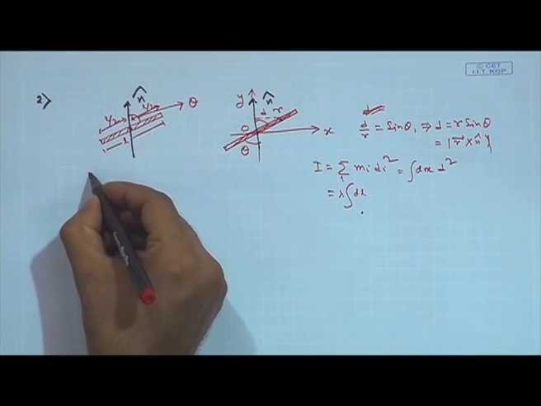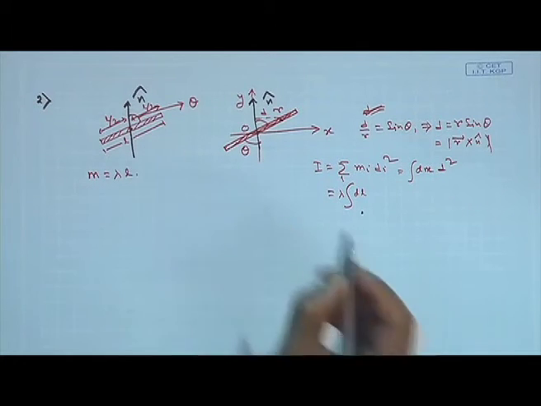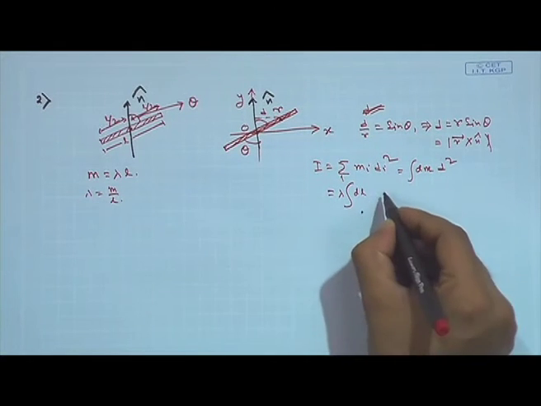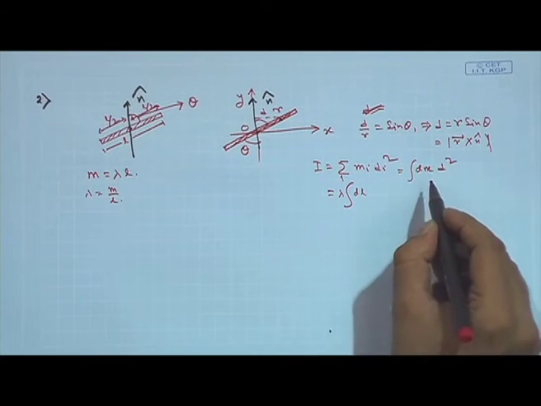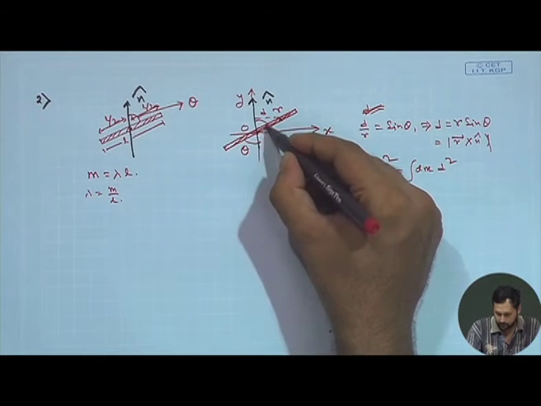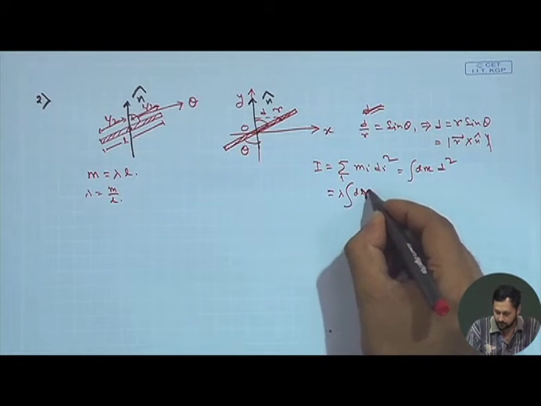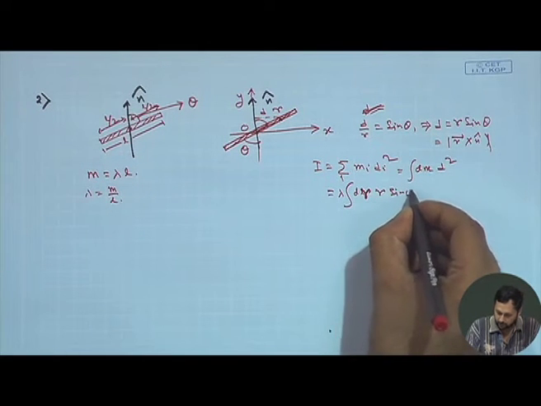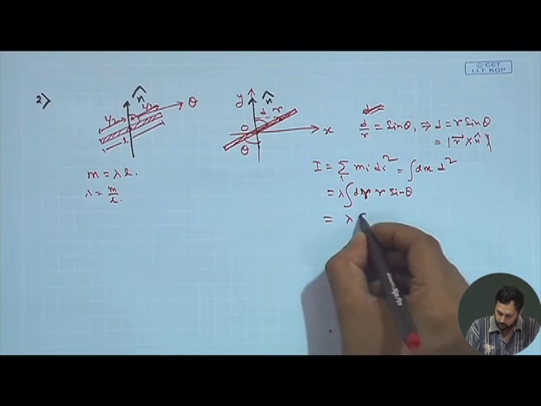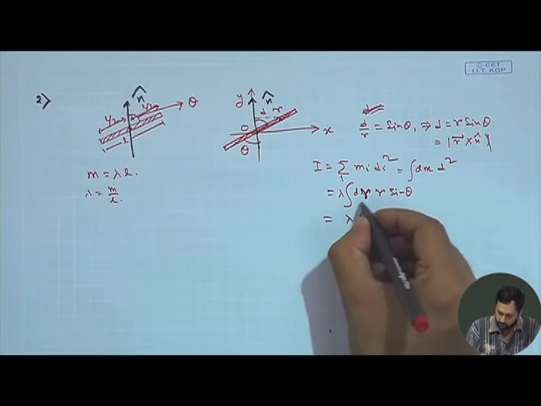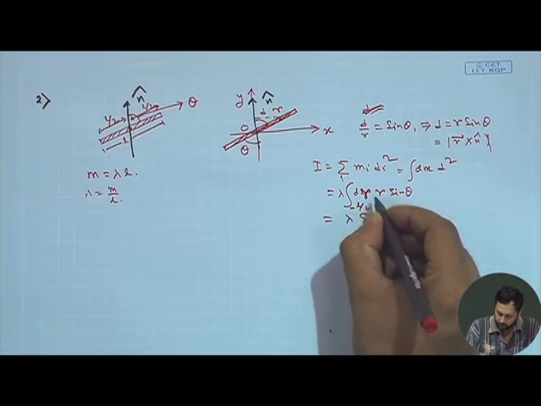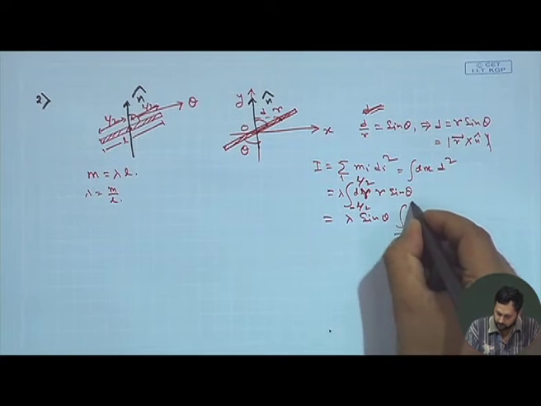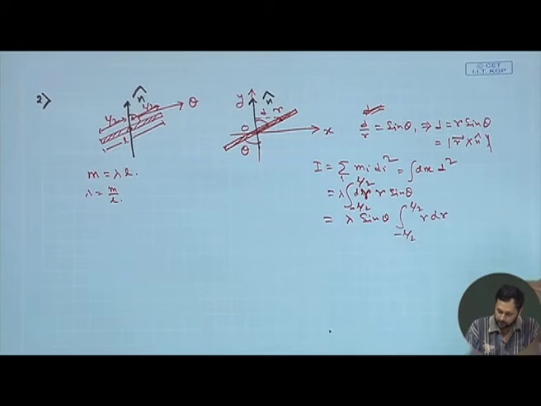The total mass M can be written as lambda L, so lambda is equal to M by L. We can take a length element as dr, not dl, and then we have r sin theta. Sin theta is a constant here, and the integration limits are minus L by 2 to L by 2, so it is an integration of r dr.